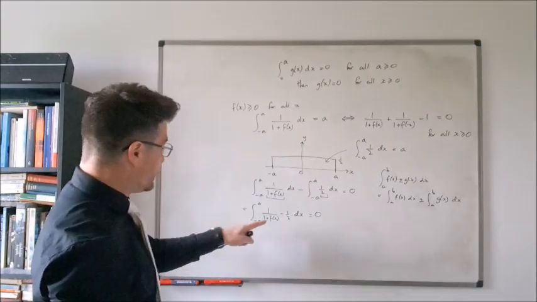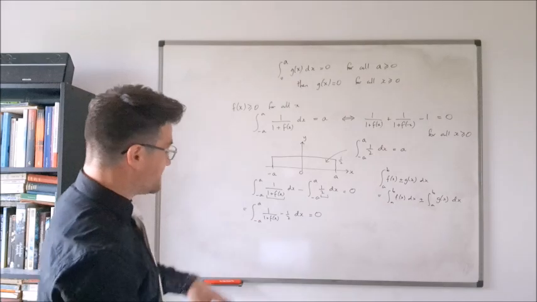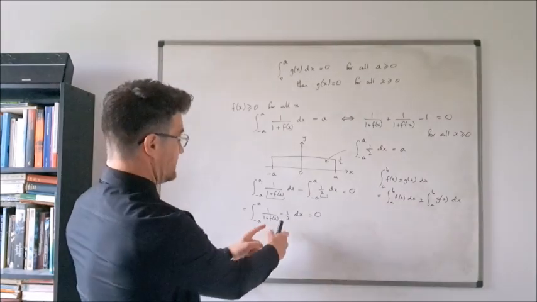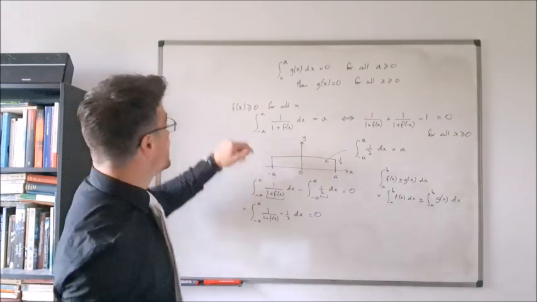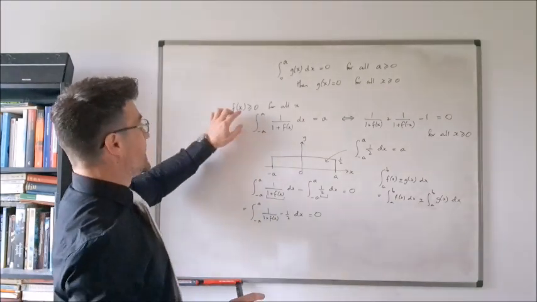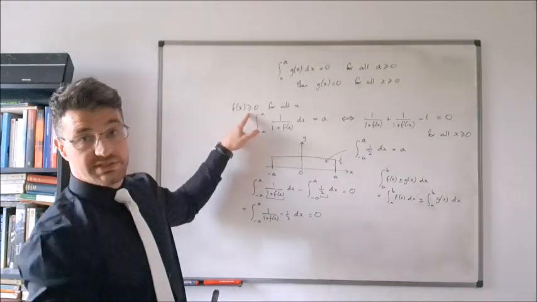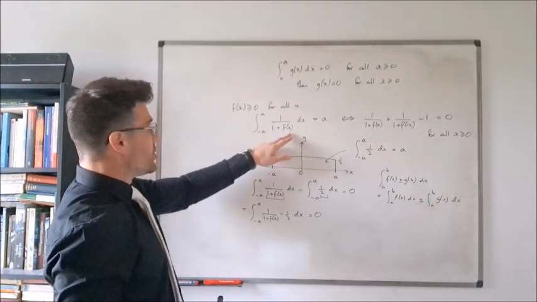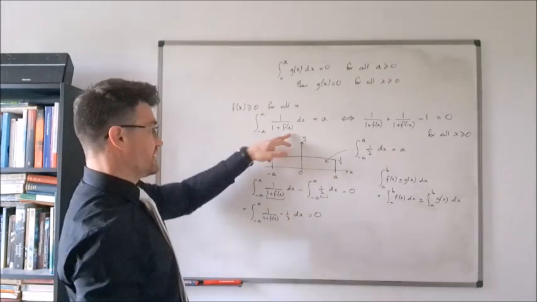Great. So what does that tell us? Well, f of x is a continuous function. That's part of the data that we're given. f of x is continuous and greater than or equal to 0, so there's no problem with 1 plus f of x being equal to 0 or anything like that.